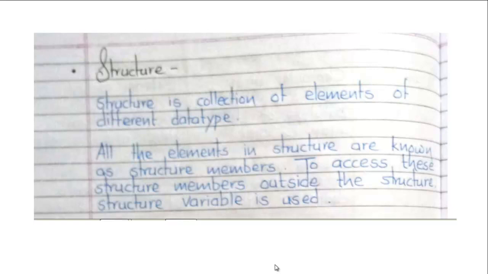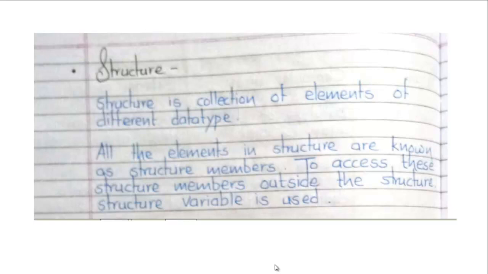Means the structure can hold different types of data like integer, float, character. So this is one basic difference between array and structure. So structure is a collection of elements of different data type. Then whatever elements are present in the structure are known as structure members.